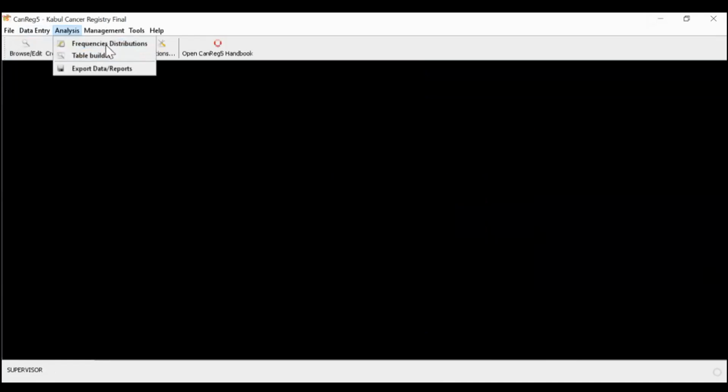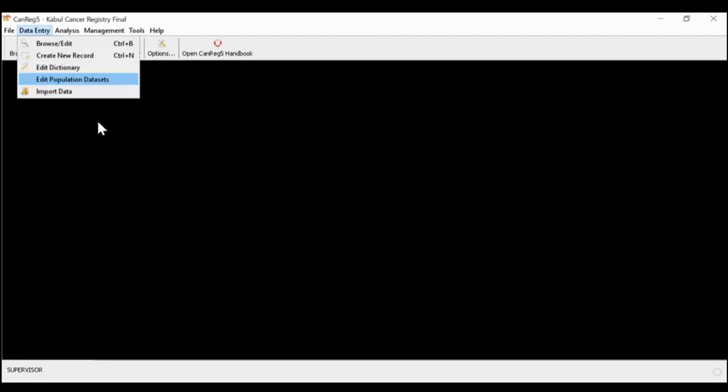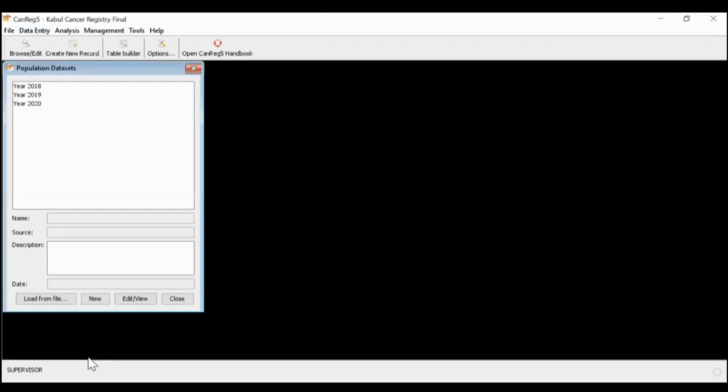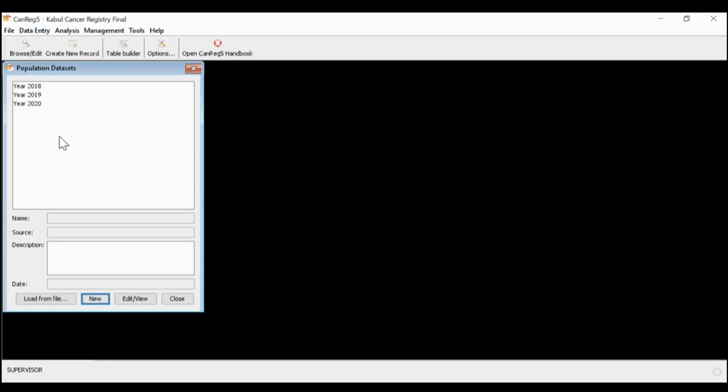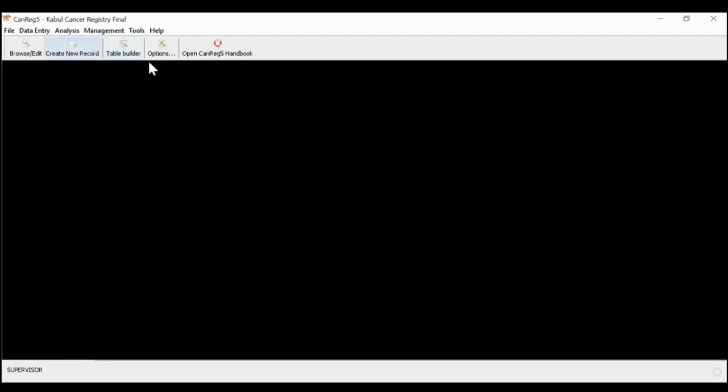Do you have the population data set with you? Yes, right now we have it. If we do not have any population data set, in data entry and population data set here, we should enter a new data set from here. If we have it like this, it's no problem. Yes, you can continue with the existing data set also.